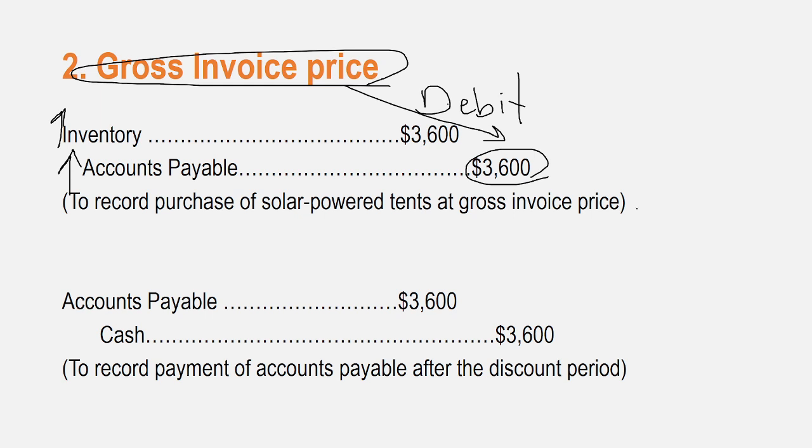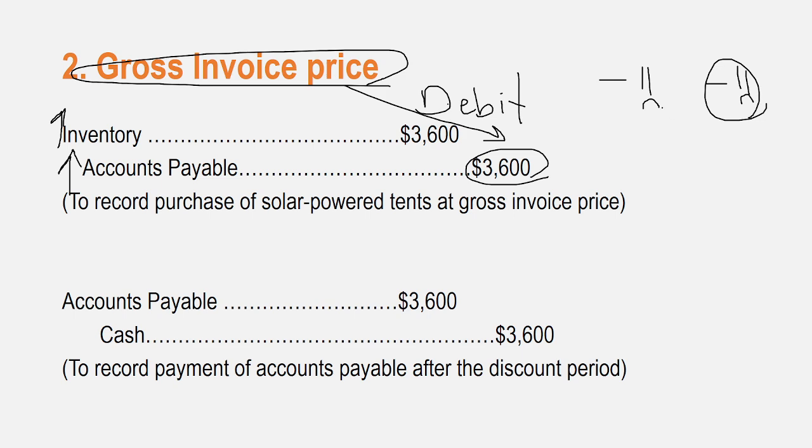Since Adventure Travel Gears still paid the full invoice price of 3,600 after the discount period, they simply debited accounts payable, and on the credit side they credited cash by 3,600, reflecting actual cash, and this entry accurately records the payment made after the discount period. In the gross invoice price method, we think negatively at first, and what happened to us is also negative.